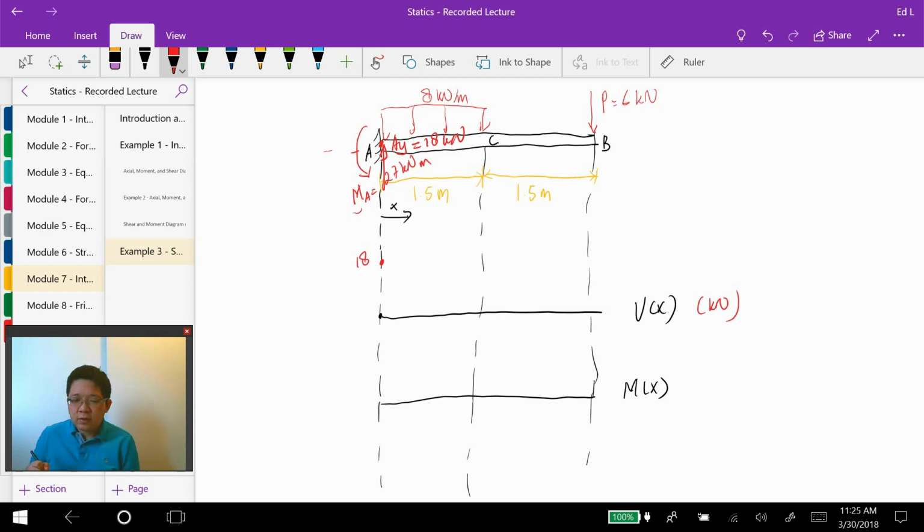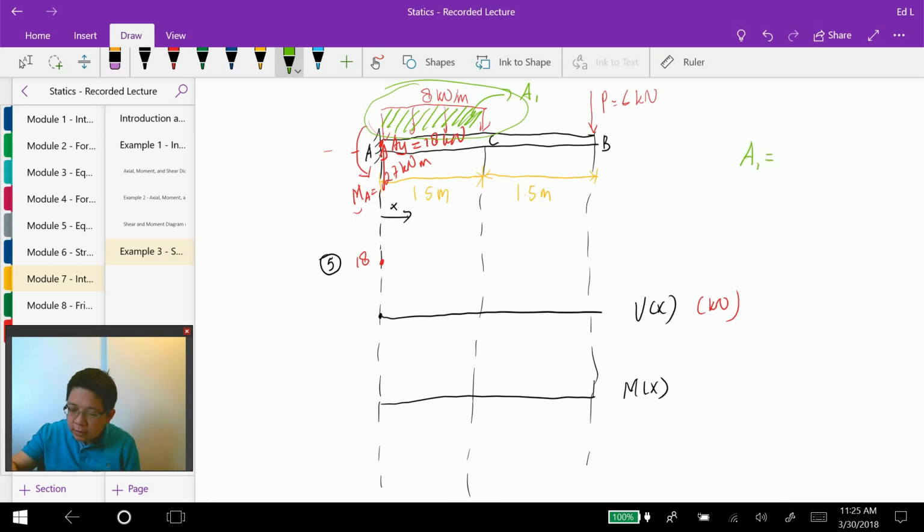And let me use black to indicate the rules. Here is the fifth rule. And then afterwards, we have a distributed force in here, 8 kilonewton per meter, and we can calculate this area right here, and let's call that area 1.